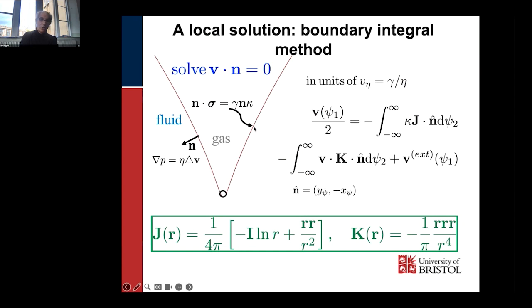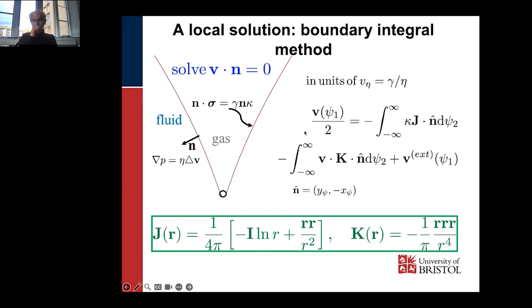So the velocity is always parallel to this free surface. And I'm solving this problem using the boundary integral description. Here are the equations in units of a characteristic velocity, which is gamma, surface tension, over the viscosity.